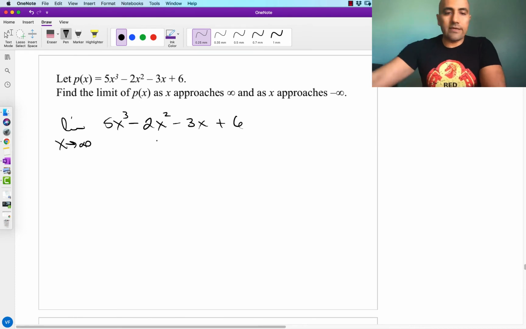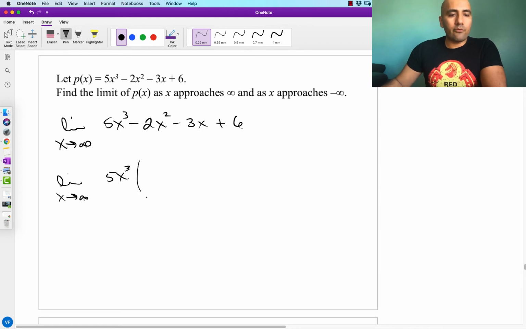What I'm going to do is a little algebraic trick, where I factor out this term from the rest of it. So this is the limit as x approaches infinity of 5x to the 3rd power, parentheses, and now I want something so that this times the individual terms in here equals this. The first one's easy because that's just going to be a 1, minus, and now for the other ones I'm just going to employ this little trick.